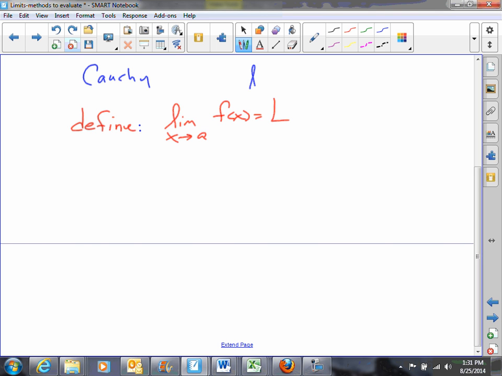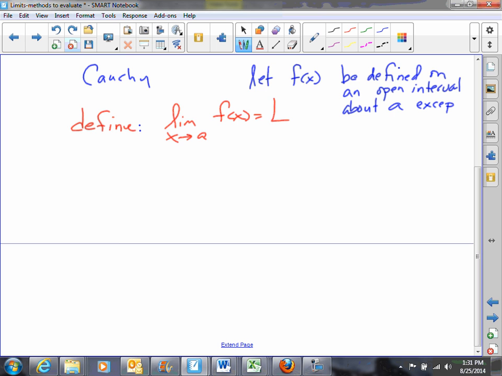Let's let f of x be defined on an open interval about a, except possibly at a itself.